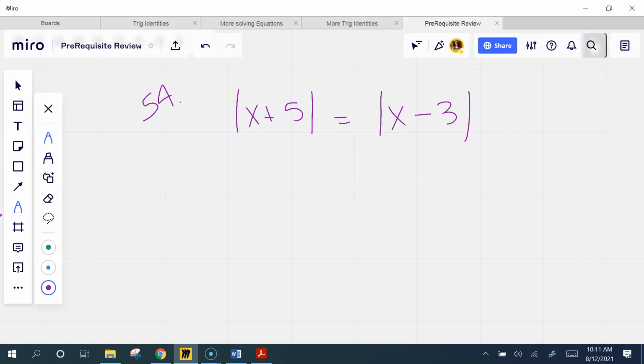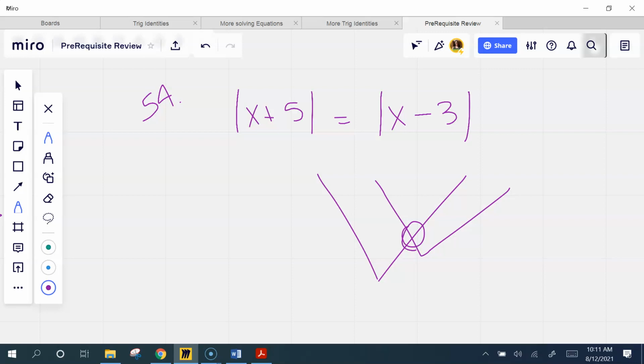You isolate the absolute value, and then you set it equal to the positive and the negative, and you get the 2 answers. In this case, because they're both absolute values, it's going to be a little bit different. You're going to end up with something like this for the 2 of them. So I'll graph them and find that intersection point again.